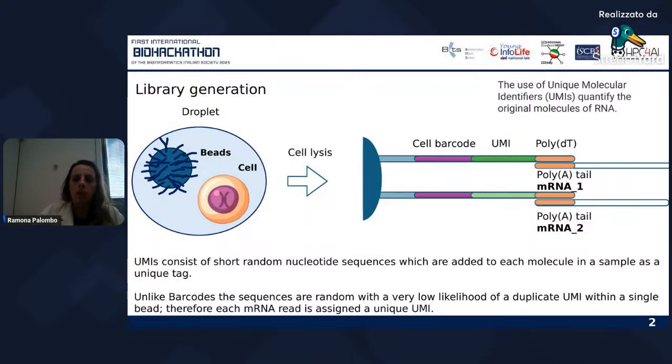So each branch can pair with a specific messenger RNA. And so the polyadenylated tail can pair with the poly-dT primer that acts as a primer for the elongation of the complementary strand. In this specific part, I have the amplification of the signal, and so I have the library generation.